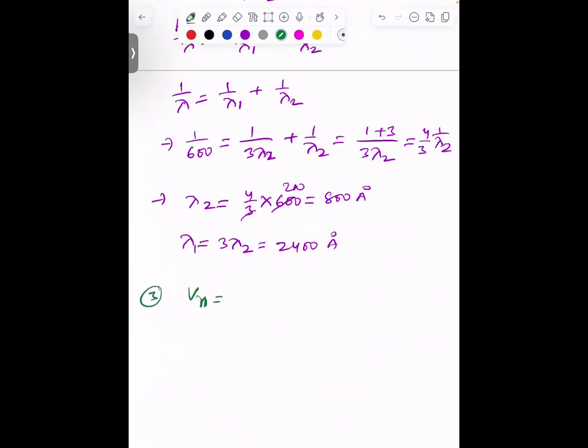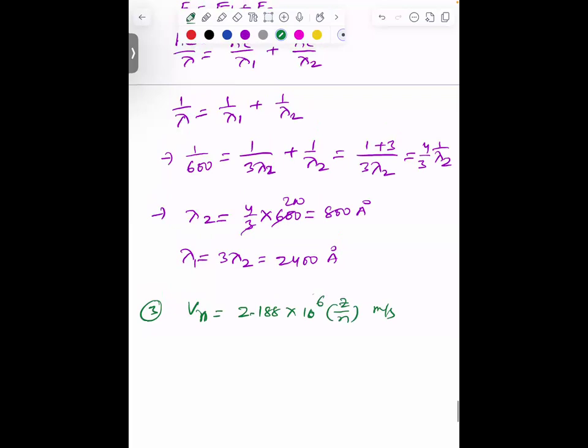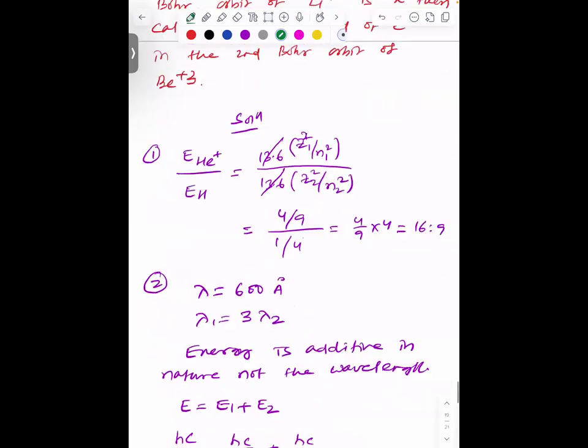Vn equal to 2.188 into 10 to the power 6 Z upon n meter per second. Okay, this is the formula.